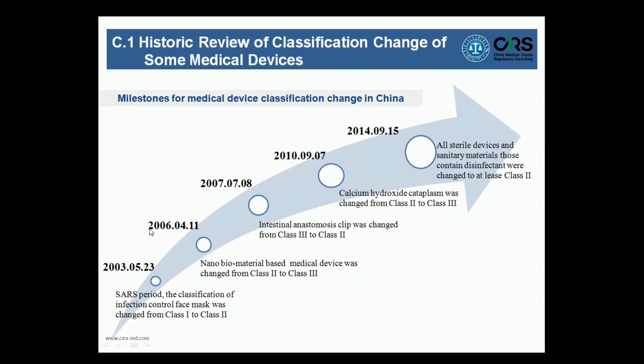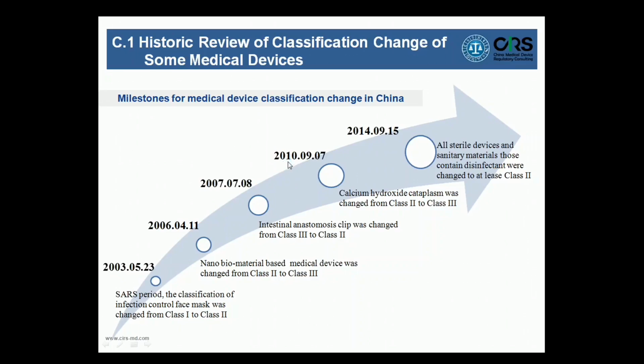On April 11, 2006, nano-biomaterials-based medical devices were changed from class 2 to class 3. On July 8, 2007, the intestinal anastomosis clip was changed from class 3 to class 2, from the higher level to the lower level.